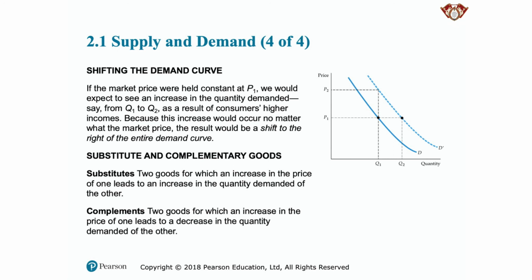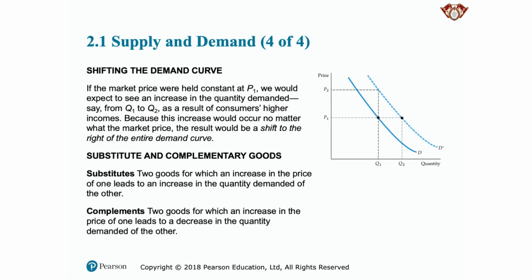Now think about the impact of related goods, right? This one, PJ. Substitutes and complementary goods. Substitutes are two goods for which an increase in the price of one leads to an increase in the quantity demanded of the other. We say two goods are substitutes for each other, right? And complements are two goods for which an increase in the price of one leads to a decrease in the quantity demanded of the other. Then we say they are complements, right?